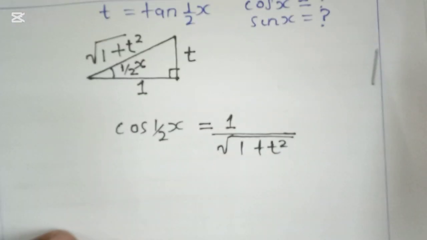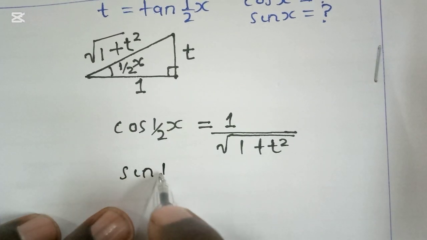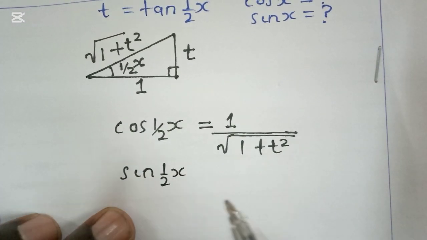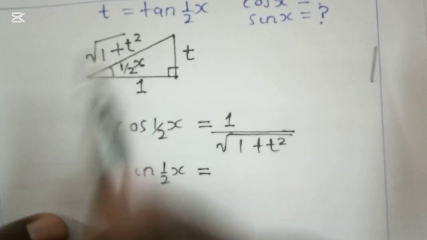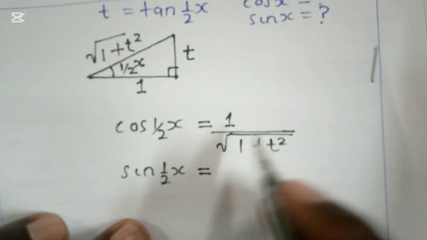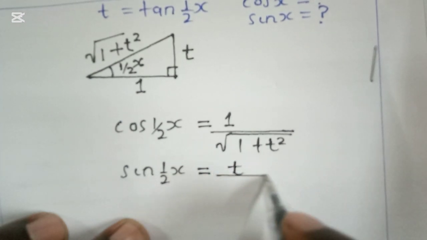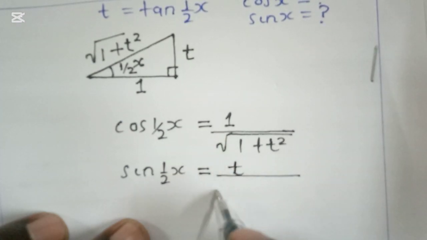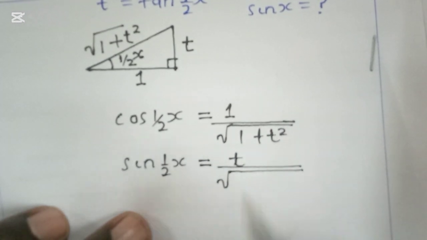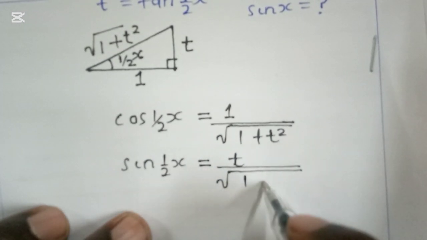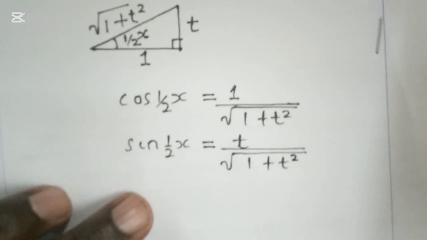Guys, now going to sine half x, we are going to find it as opposite all over hypotenuse. So this is going to be t all over the hypotenuse, that is the square root of 1 plus t squared, like that.